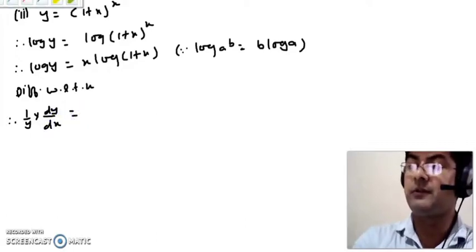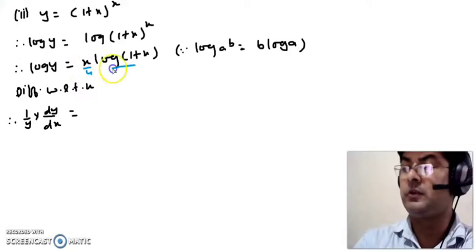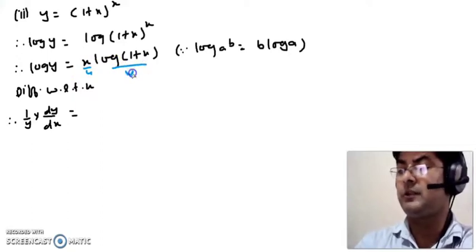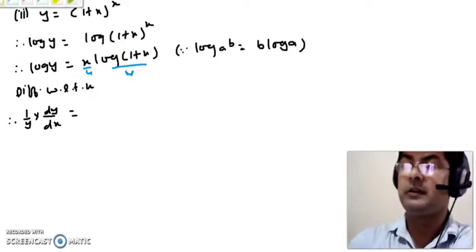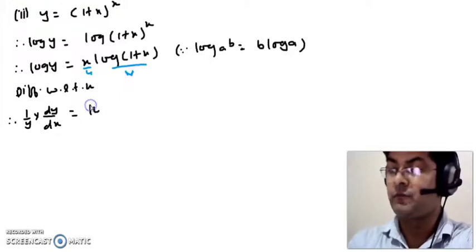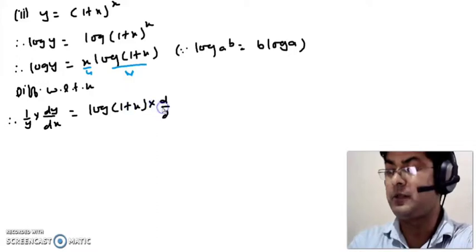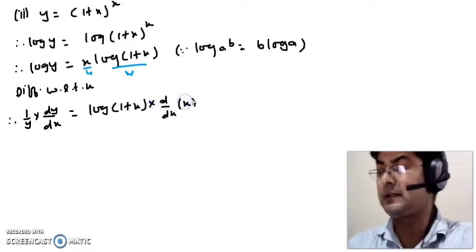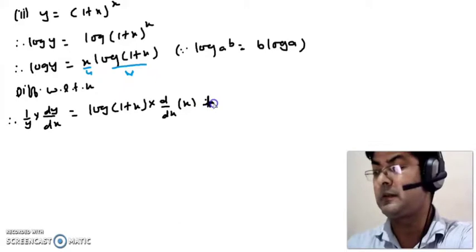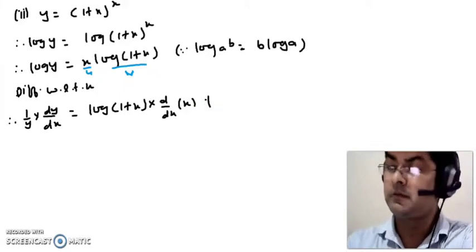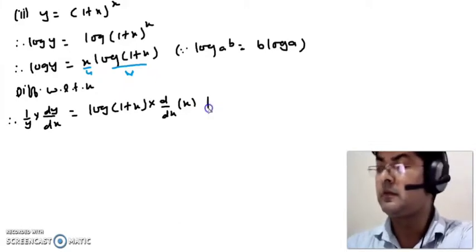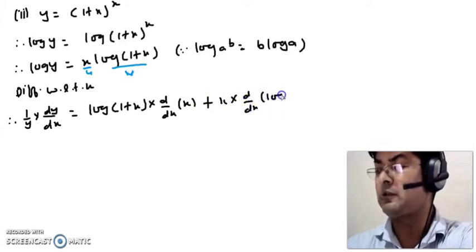Here x we will consider to be u and log (1 plus x) to be function v, and therefore log (1 plus x) as it is into d by dx of x, plus x as it is into d by dx of log (1 plus x).